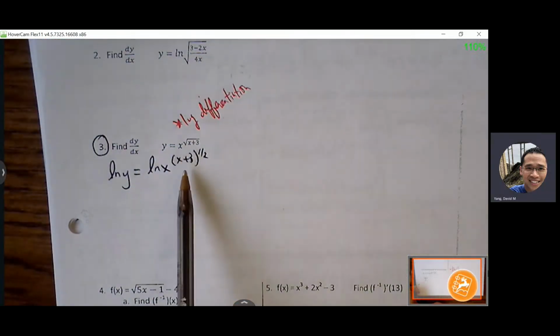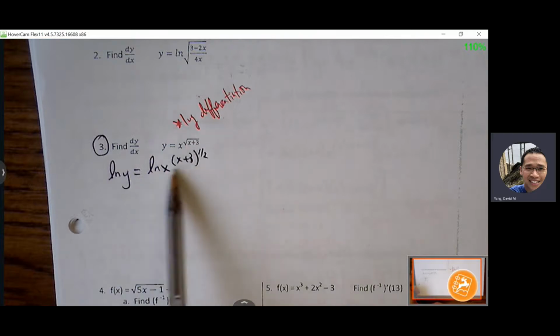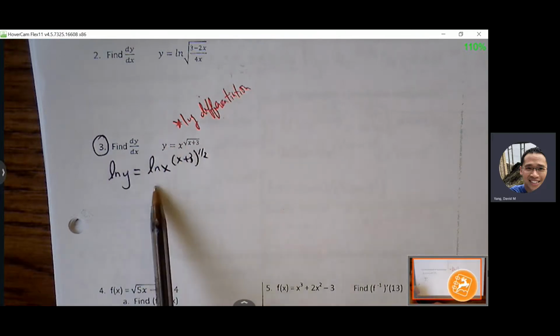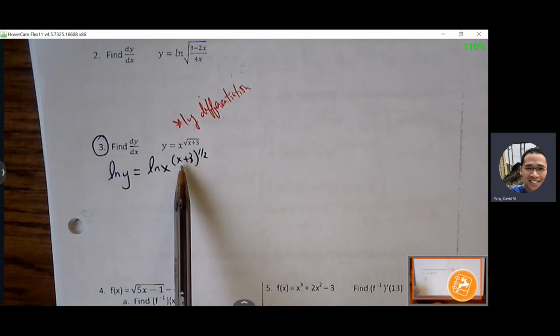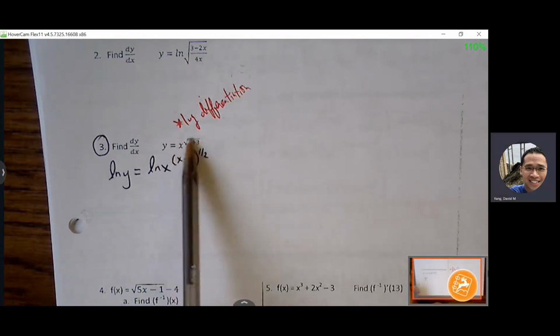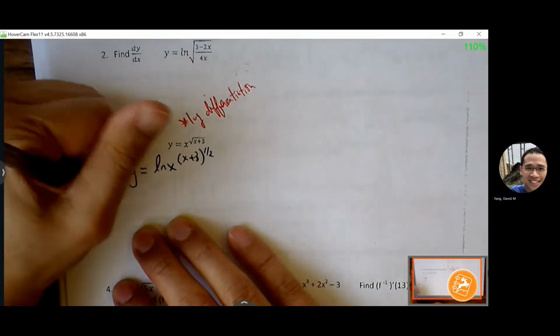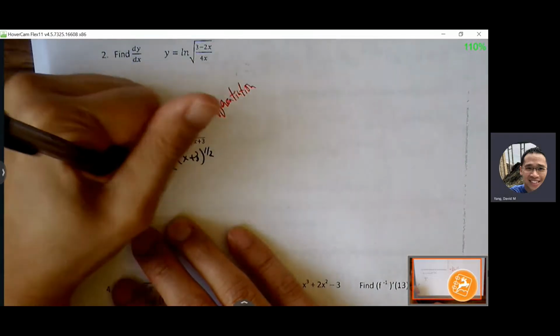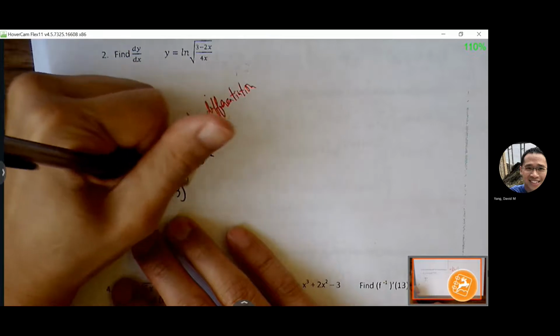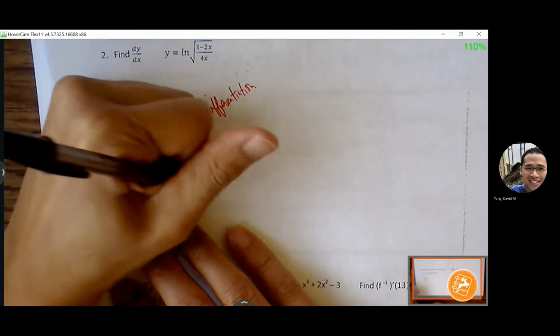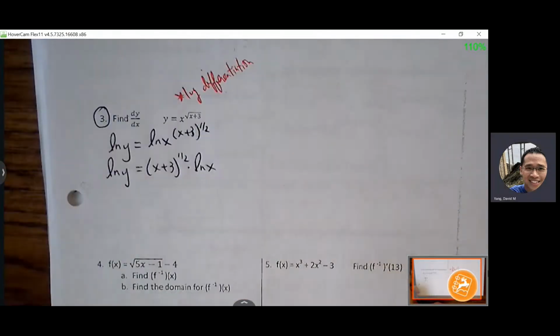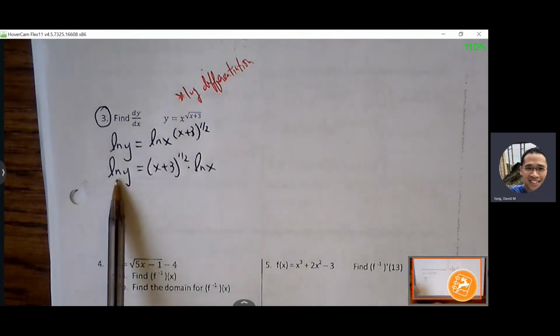I rewrote that square root as a rational exponent. Okay, now that I'm under a natural log expression, what can I do? Yeah, move it down. This whole thing gets moved down. Left side is still implicit.